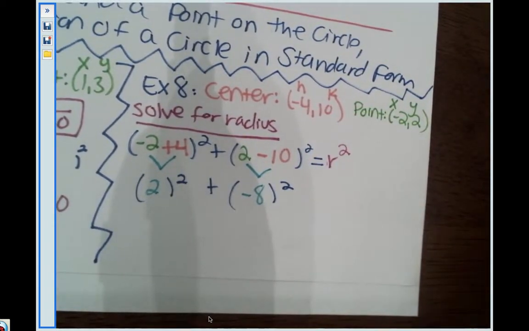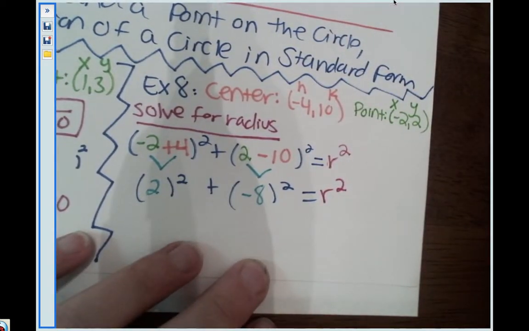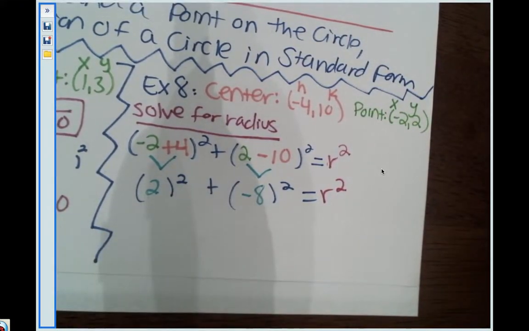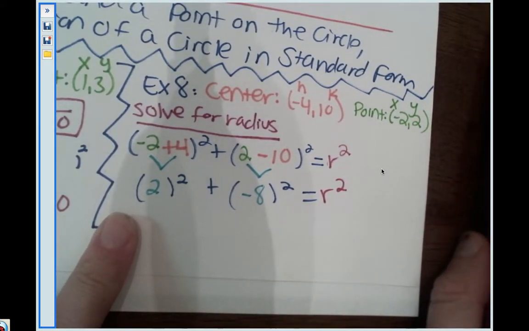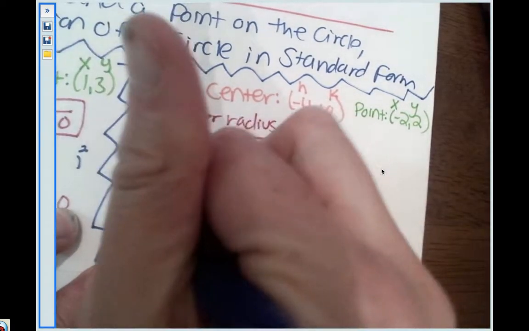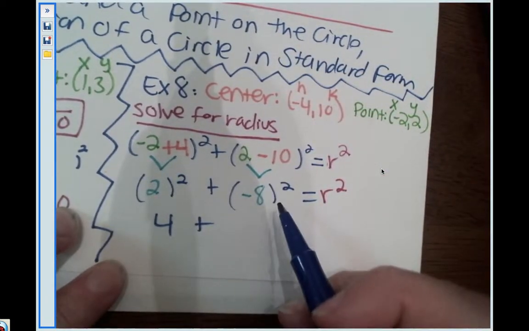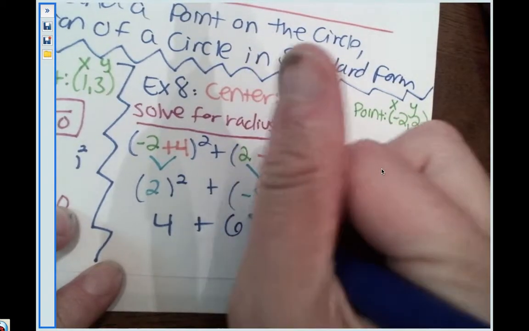And then we're solving for the radius squared, so this will equal r squared. Let's keep going. What's 2 squared? 2 times 2 will give me a 4. So this will be 4. And then -8 squared is -8 times -8, which is 64.